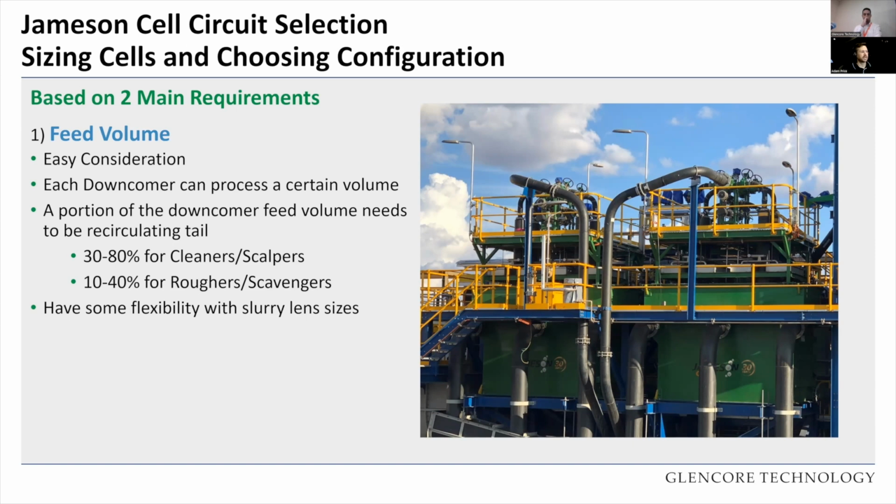It's probably the easier of the two considerations, because essentially in this scenario, we want to make sure that the downcomer capacity is significant enough to take those maximum conditions, as well as having a target recycle range for the cell.